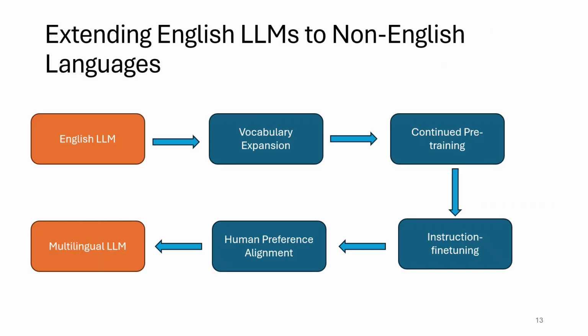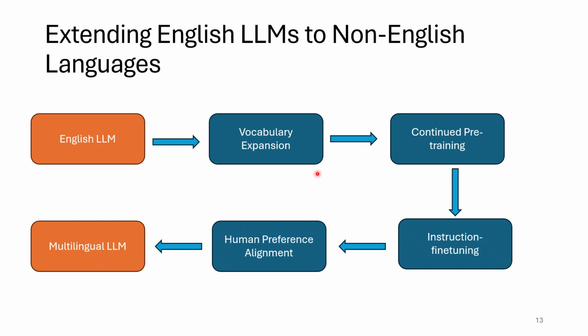So the broad recipe for extending English LLMs to non-English languages is, well, we start off with an English LLM. And because these might not represent the vocabulary, the tokens in a new language, we first perform vocabulary expansion, adding new tokens to the LLM.